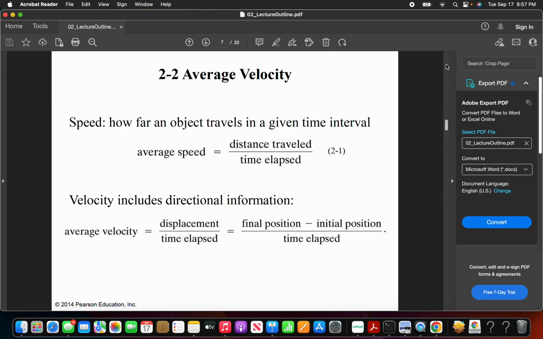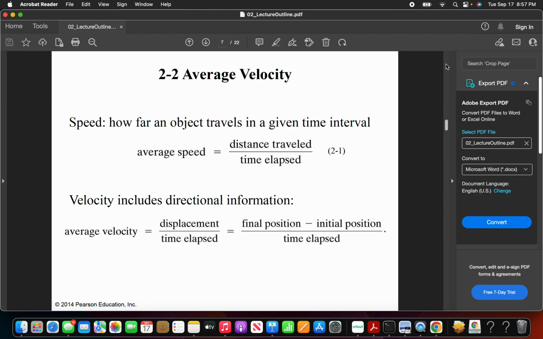It's because velocity takes into account the direction, okay, which is very important. And you're going to see, particularly when we get to chapters 4 and 5 and so on, why it's very important to indicate in which direction something is acting.